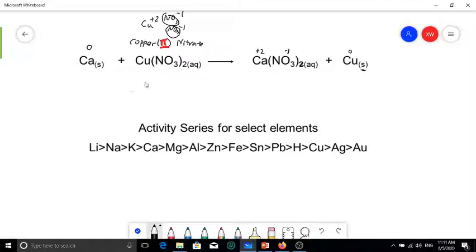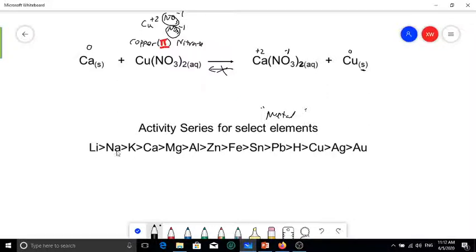Now, one of the questions usually is, well, it seems like it only takes a metal to kick the other metal out. Why did the reverse reaction not occur? The question is why the copper will not just immediately kick the calcium out the back. Well, the reason is there's something called the activity series for selected elements, or actually for metals, mostly for metals, okay? Now, according to this activity series, you can see it's in decreasing order.